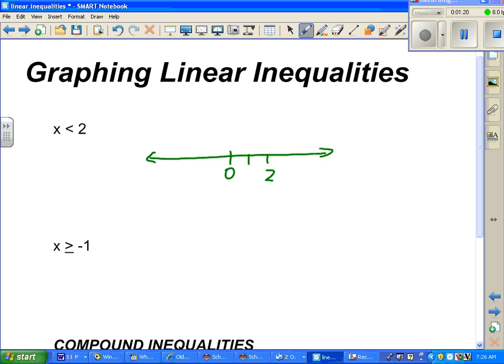Now x is less than 2, so is 2 included? No, because it's not less than or equal to 2, it's just less than 2. So what we do is put an open dot there, because 2 is not included. And x is less than that, so we're going to go to the left. Anything less than 2 will work. Graphing linear inequalities right there.